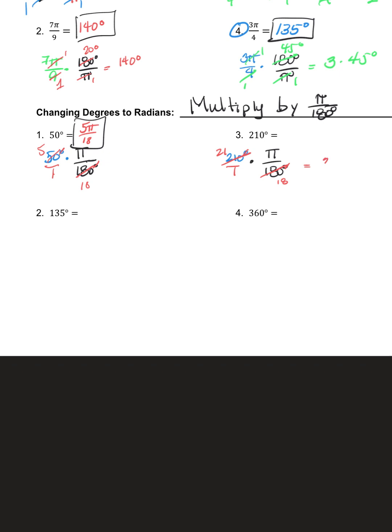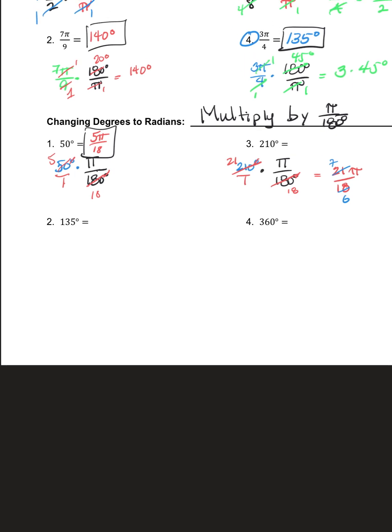And that leaves me with 21 pi over 18. And then I can keep reducing that 21 and 18. If I divide by 3, I am left with 7 over 6. So 210 degrees is the same as 7 pi over 6. This is one you have to know as well. I've memorized.